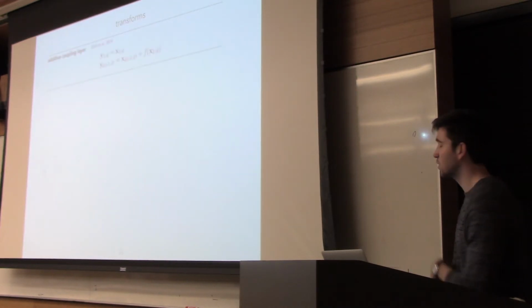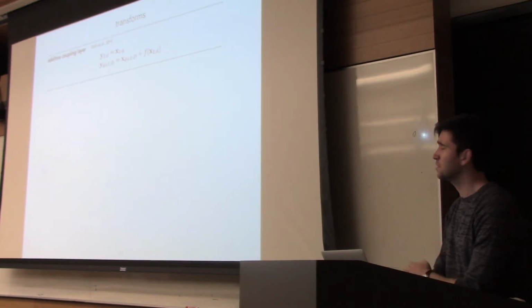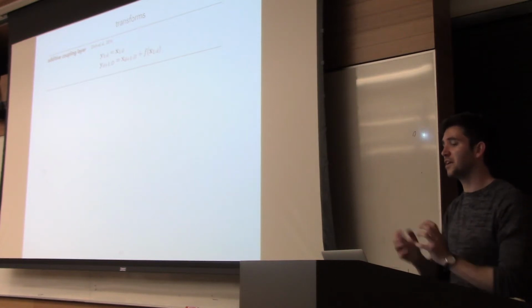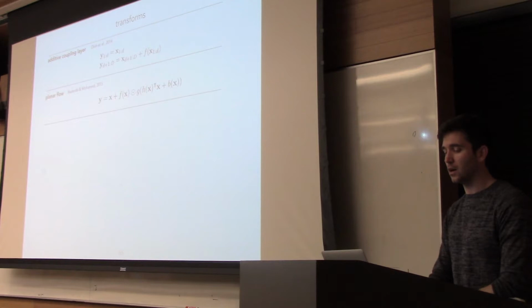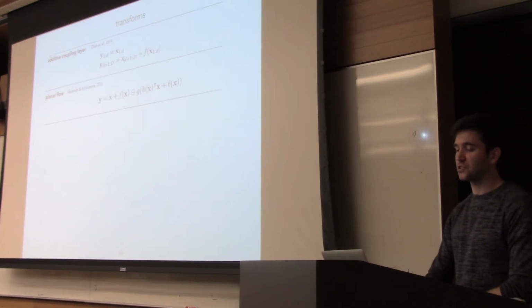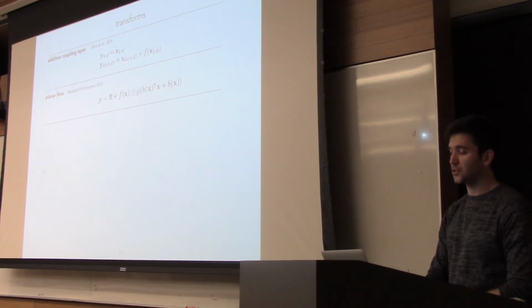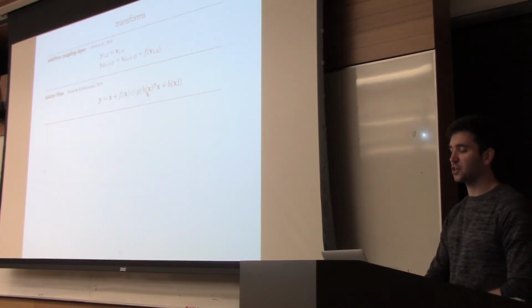And so what do these transforms actually look like? I won't spend too much time, but some early transforms had this kind of form where you just copy half of the data and then transform the other half of the data using this affine transform. In normalizing flows, they particularly use this planar flow, where you take your input, again do this affine transformation on it, pass it through a nonlinearity, then do another transformation on it.